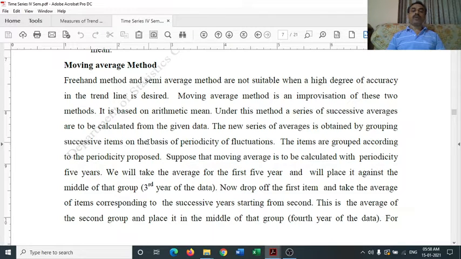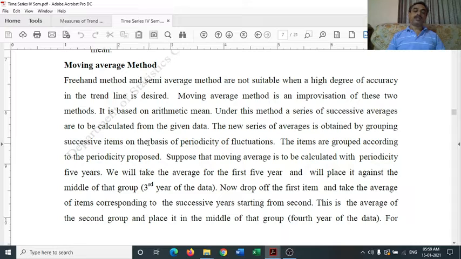In finding these moving averages, the observations will be grouped according to this periodicity of fluctuations. For example, if the moving averages are to be calculated for a duration of 3 years, we will group the observations into bunches of 3 years.